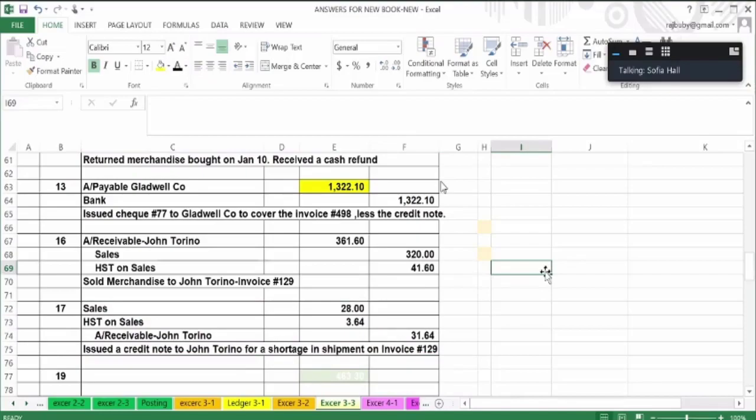In this case, you don't have to use sales returns. You can use sales.